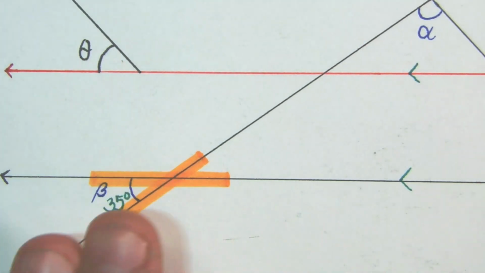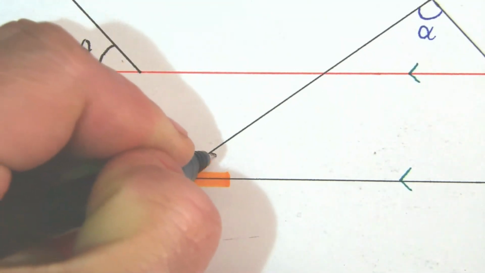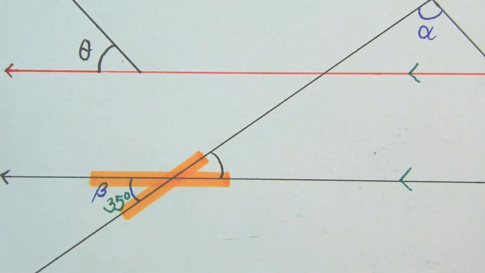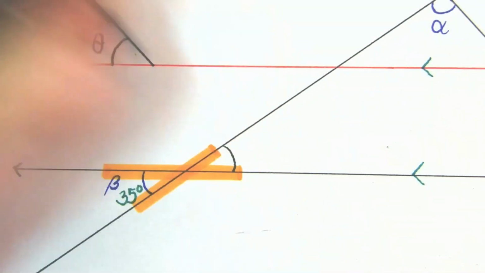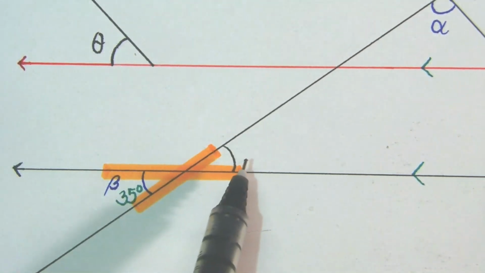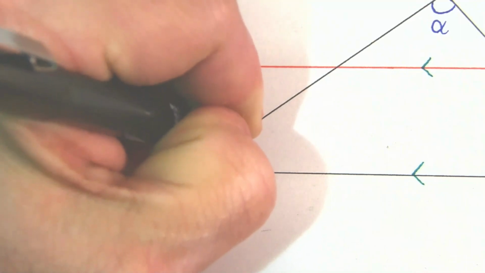Applying that to this problem right here, this angle inside the triangle has to be equal to beta. Now, I'm going to call the angle inside the triangle angle 3.